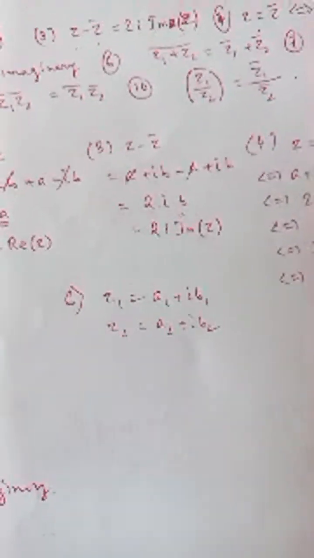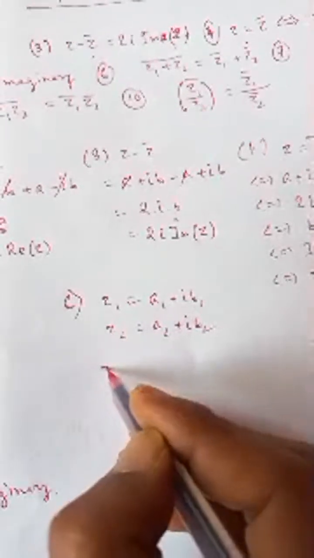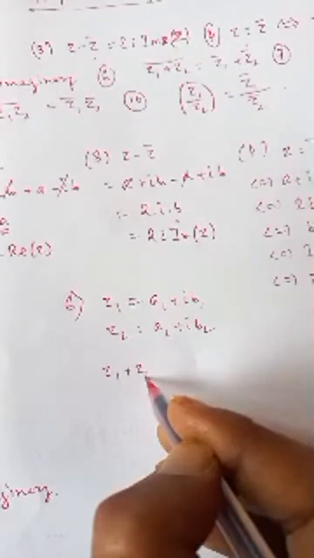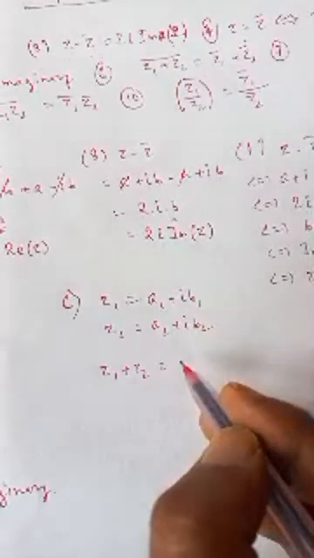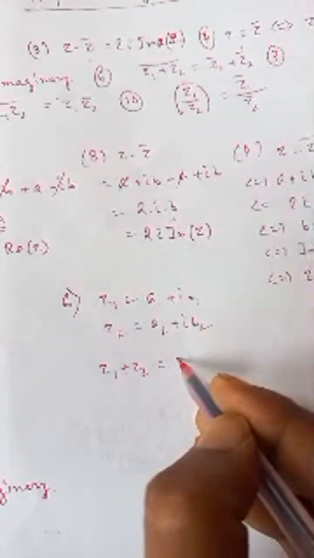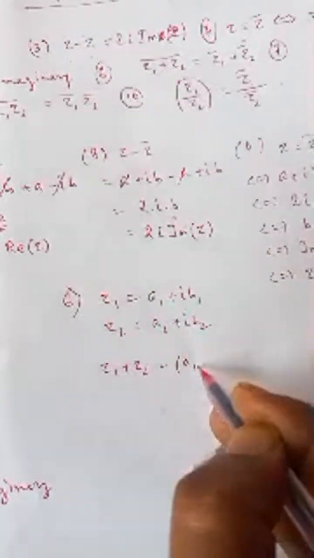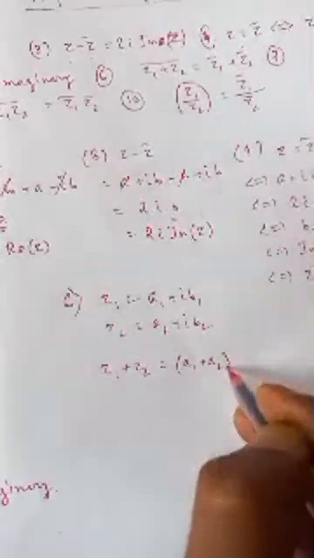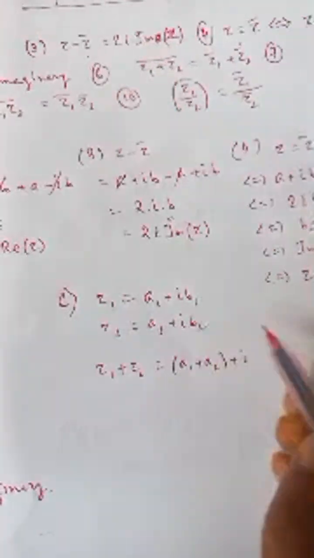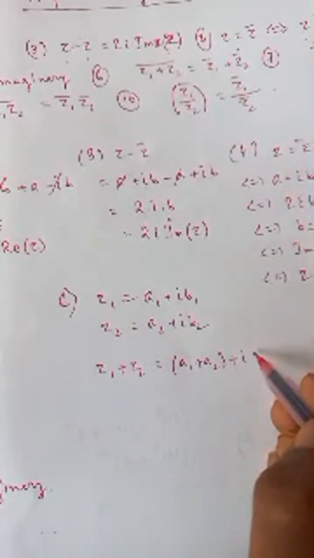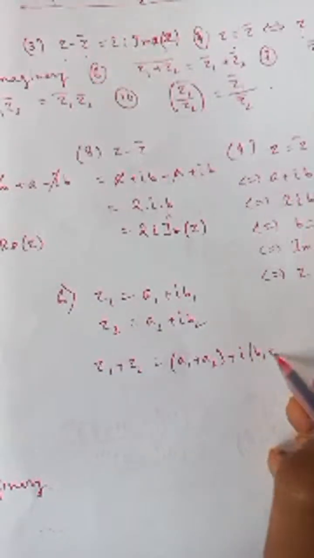Now, if we take Z1 plus Z2, then this will be the sum of the reals of the two complex numbers, a1 plus a2, and then iota times the sum of the imaginary parts of the two complex numbers, b1 plus b2.